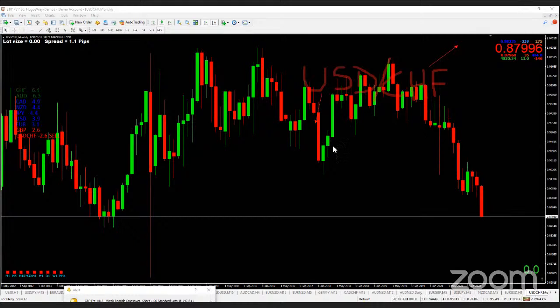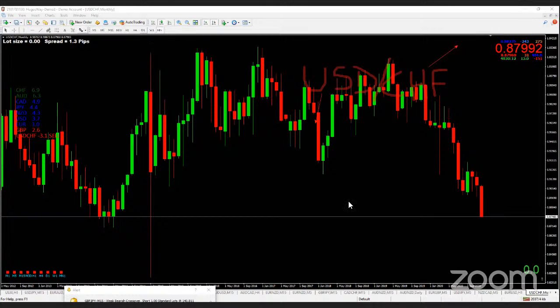But it's good to know now, even having seen this, that the CHF seemed to have been strong for quite a while. This is a monthly time frame, so we'll see over the months. Each candle obviously represents a month. Over the months, it's been strong. Hence, the pair is going down.